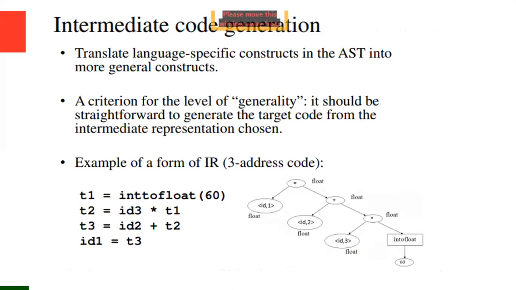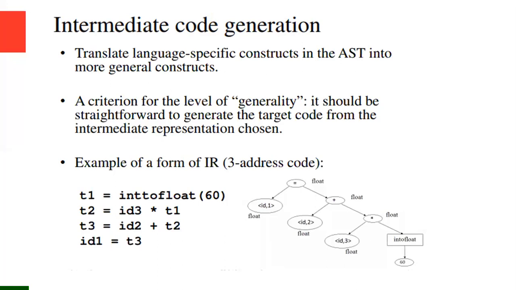We can give one statement, that is one expression or one program. That program is converted into intermediate code. In this intermediate code generation, we use three address code, which is the best example for intermediate code generation.